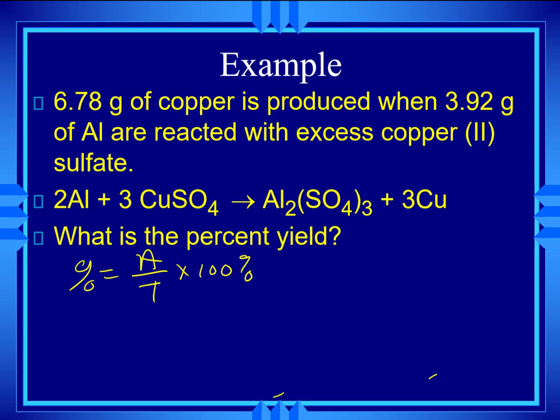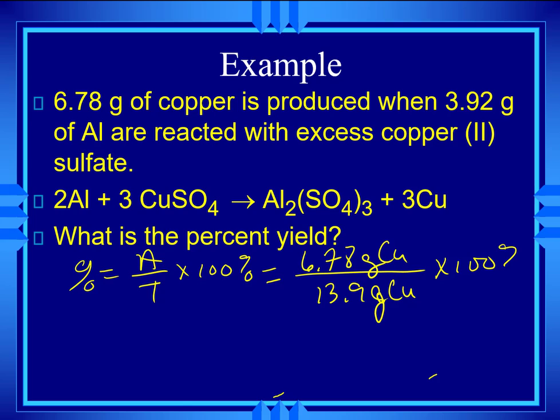And percent is going to be my unit. Actual was 6.78 grams of copper. Theoretical, 13.9 grams of copper, times 100%. And that works out to be 48.8%.